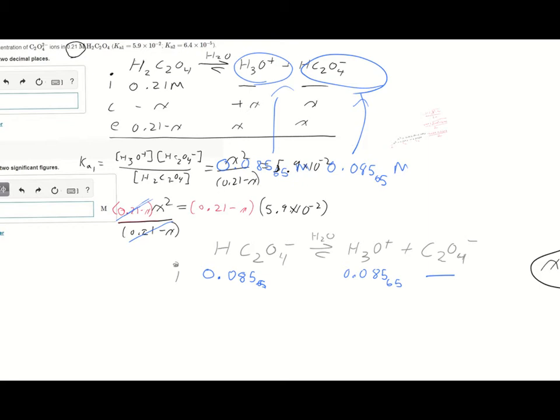Well, our change is going to be minus x, plus x, and plus x.